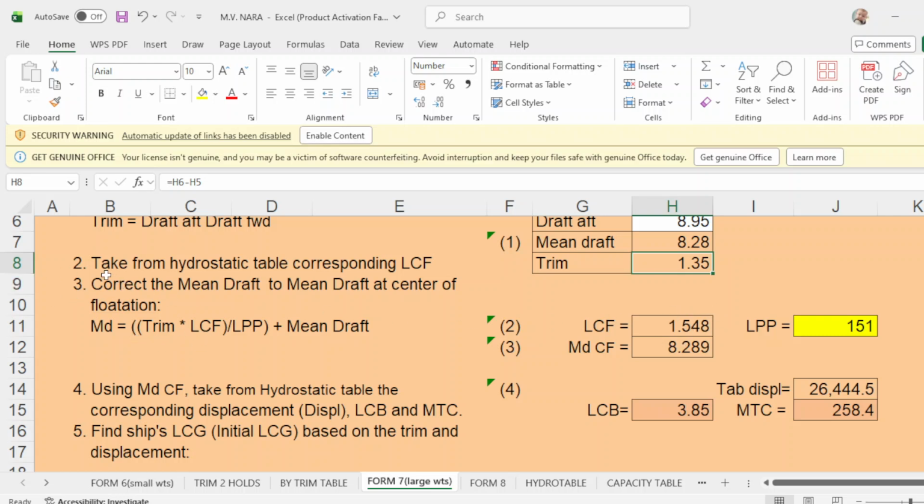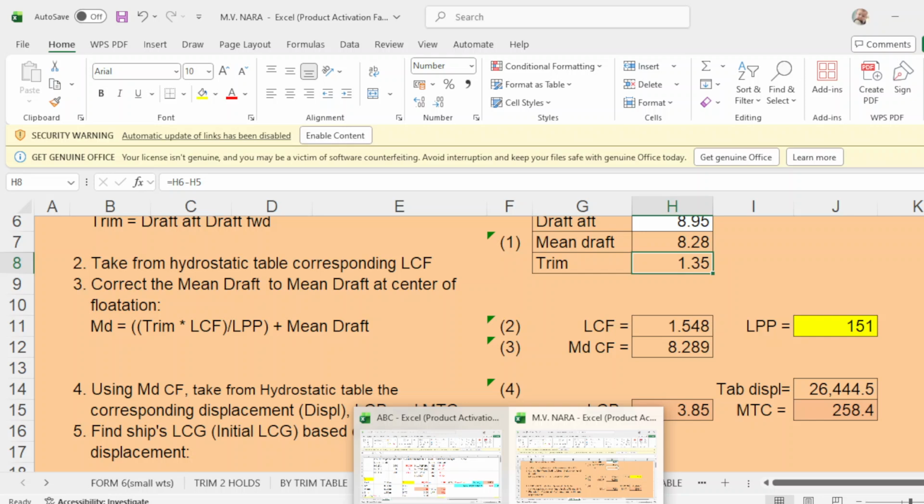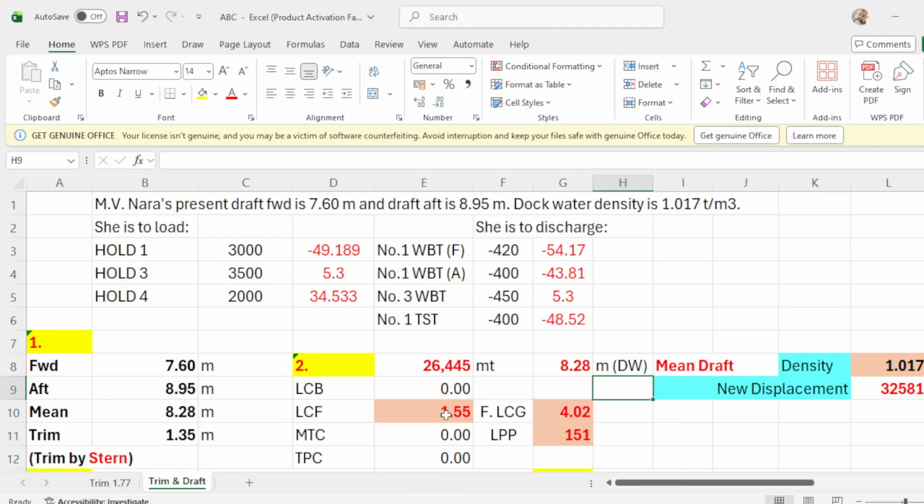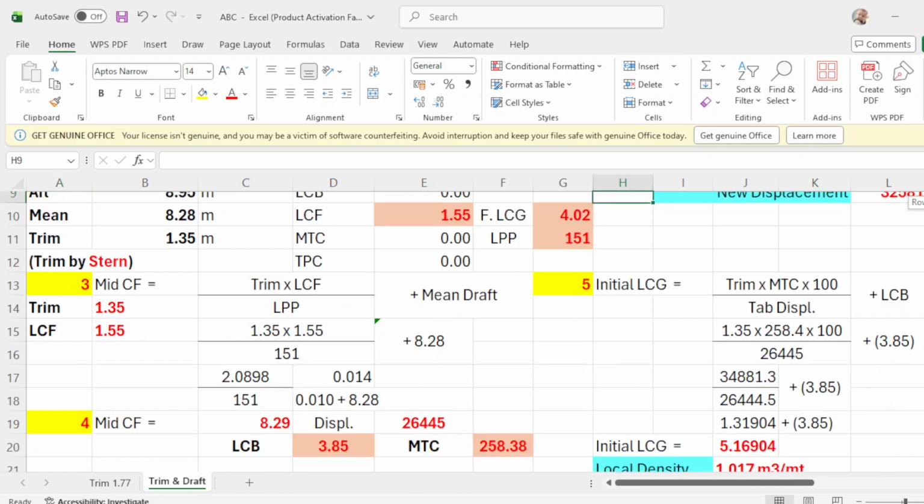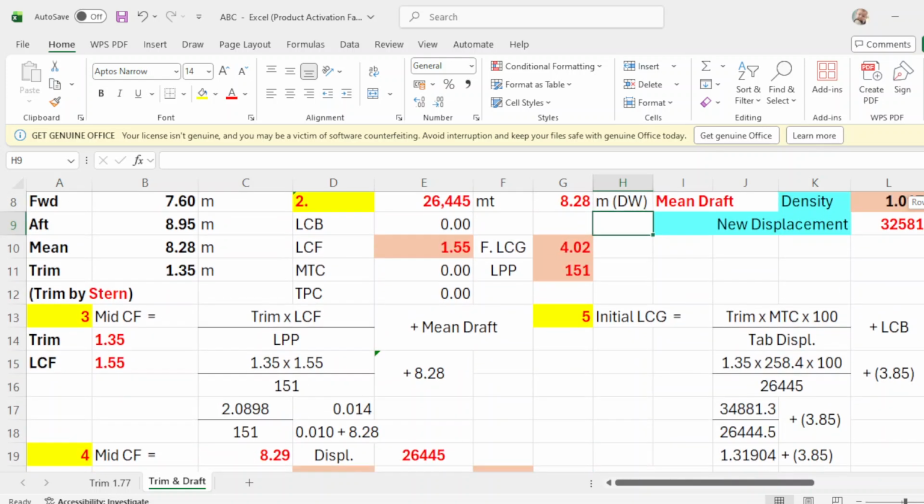Okay, so we go now to number 3. Correct the mean draft to mean draft at center of rotation. So this is the formula, and the mean draft is 8.28, number 3. Scroll down, and this will be number 3.